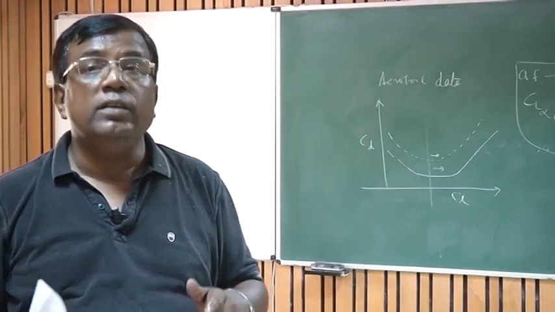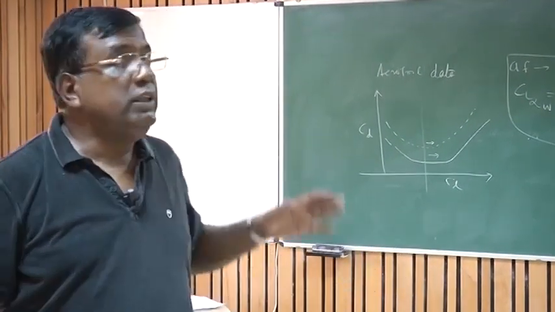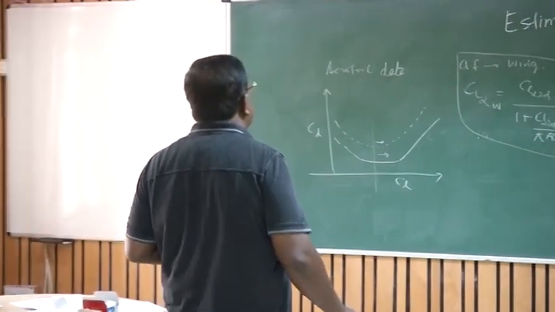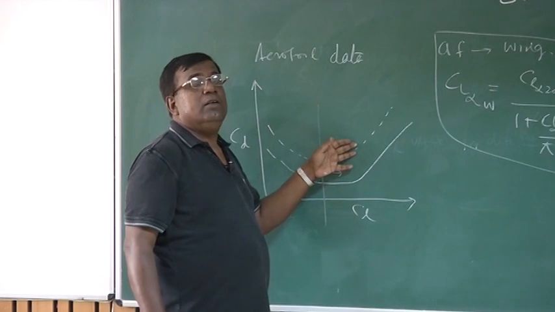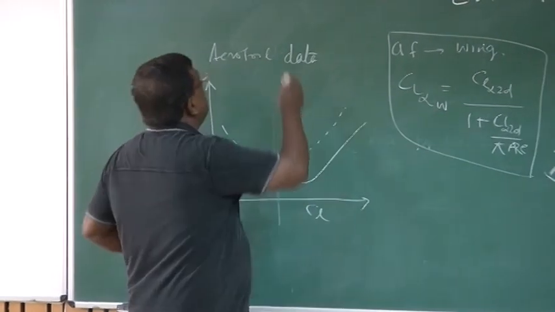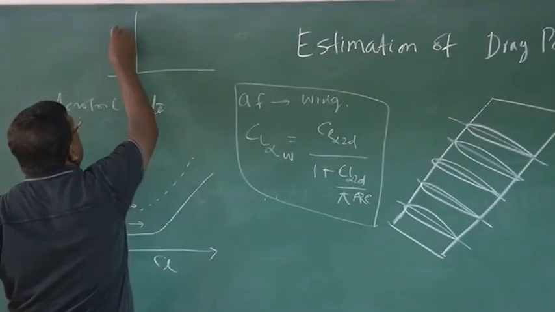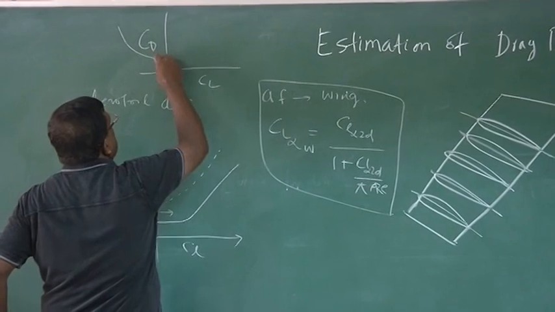Be very clear, because it's an infinite span, so there is no question of finite wing effect. So this trend of increase in CD because of increase in CL should not be interpreted as a contribution of induced drag. Correct?